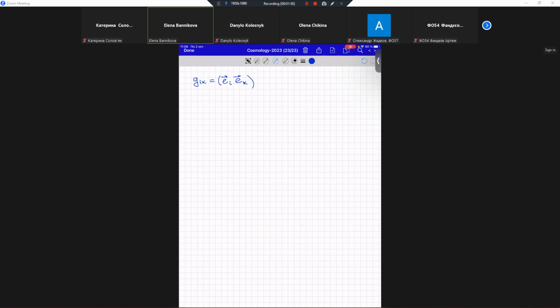To finalize the rules with which we can work with a tensor, and after this we again speak about the metric tensor. So we can write the rules of raising and lowering indexes.